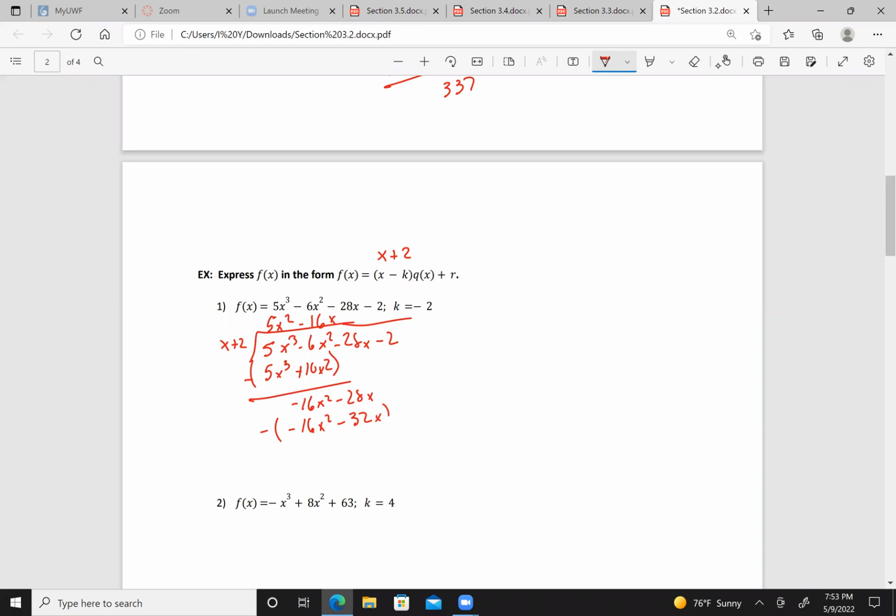We do the subtraction and we get minus 20x minus 2. Then we add plus 4 and I get 4x plus 8. And again, subtracting that, I get minus 10. So in this case, q minus 10 over x plus 2.